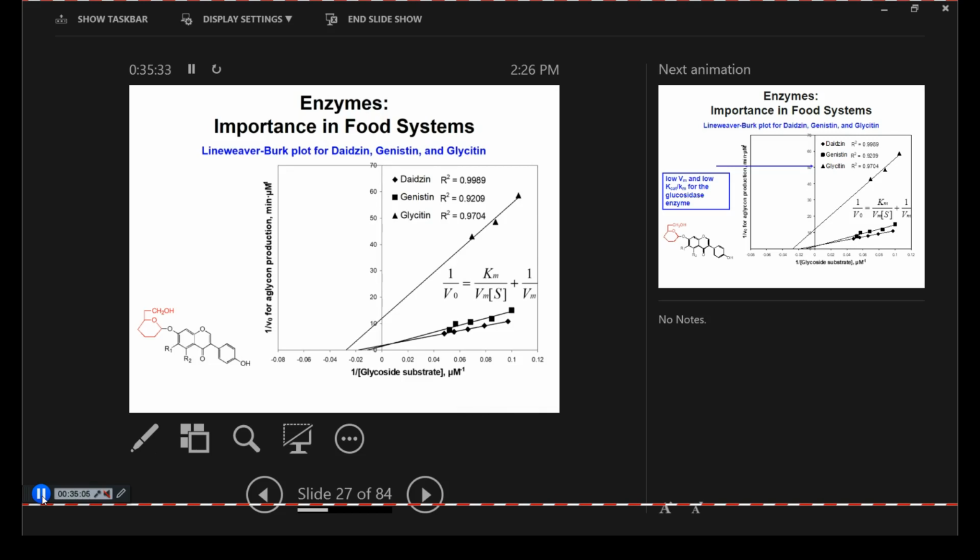So this is an example where I had applied the Michaelis-Menten equation and Lineweaver-Burk plot. I was doing research at Purdue, and I was looking at the bioactivity or bioavailability of 3 compounds. These are phytochemicals present in soy, so they have physiological benefits.